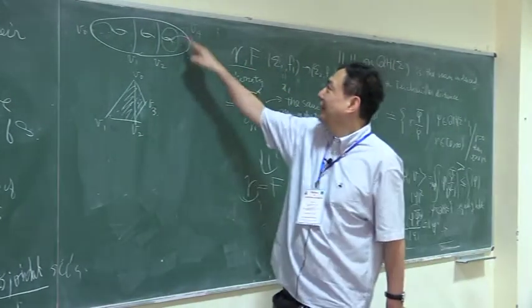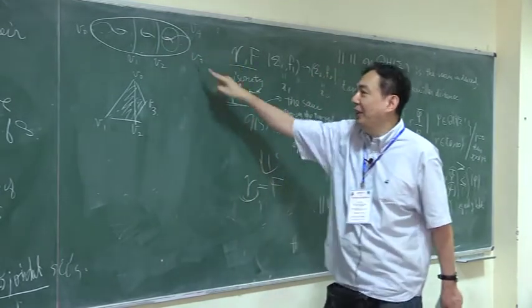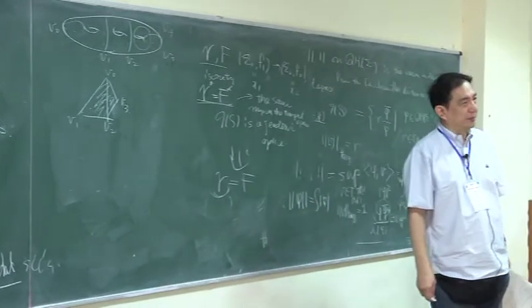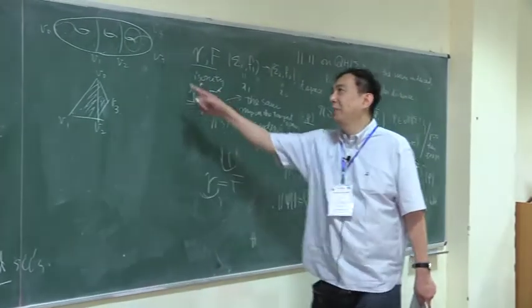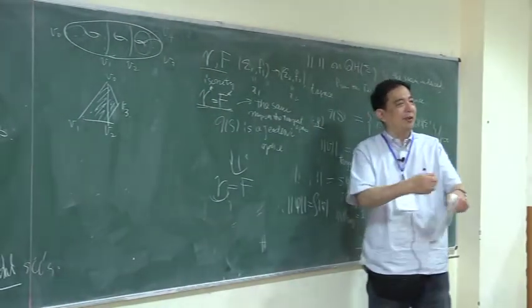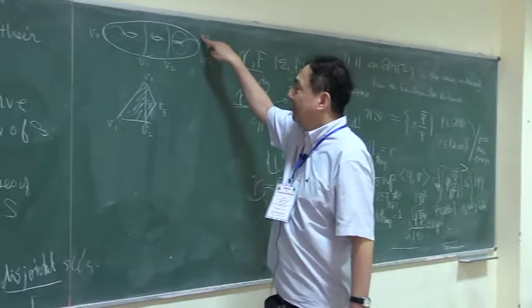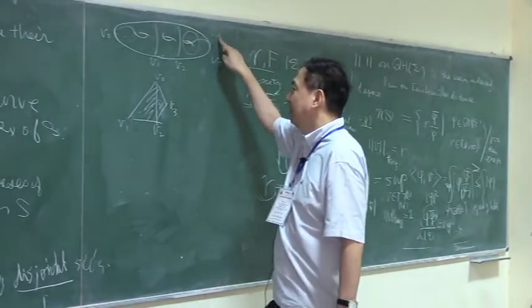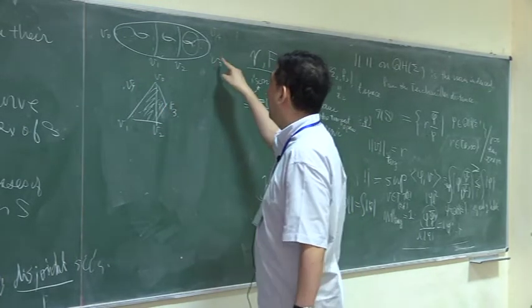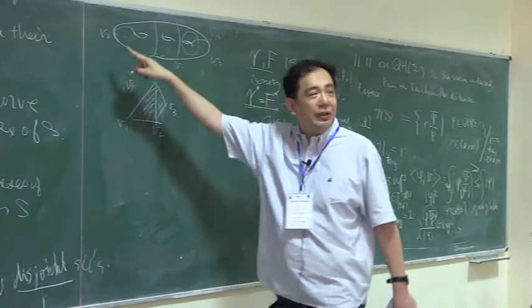Then V4 and V3 are not disjoint. So you cannot make them disjoint by isotopy. They intersect essentially. So then this vertex V4 should lie somewhere like that, but V4 is disjoint from all the other 3.